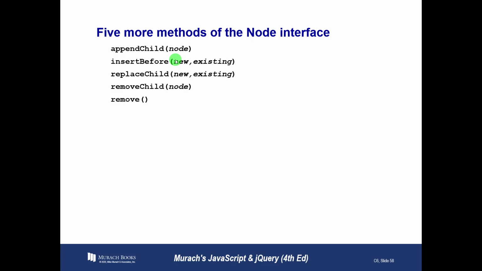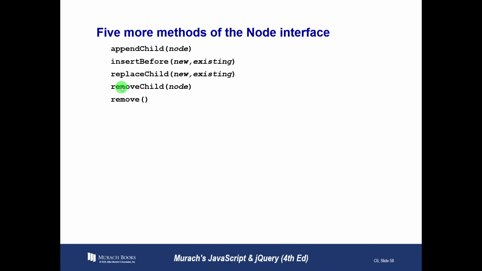The node interface itself has methods to append children. So we're going to add a child onto a particular node. We have methods to insert items before an existing node. So find some existing thing and add something new before it. We have the ability to replace a child: take this existing node and replace it with this node.